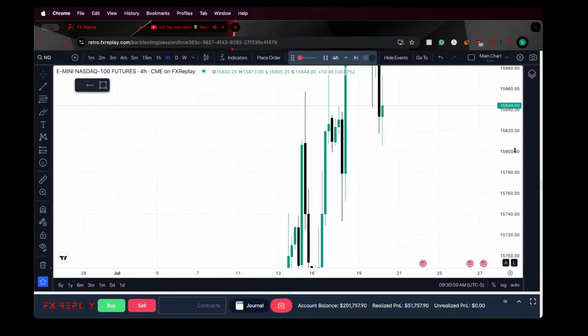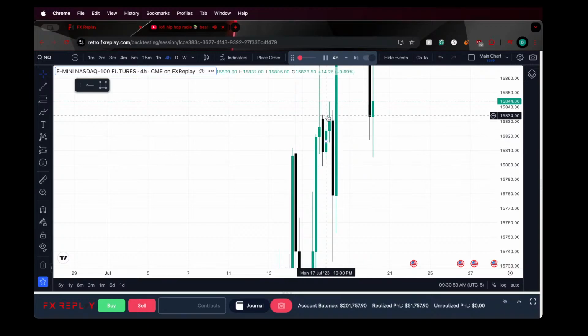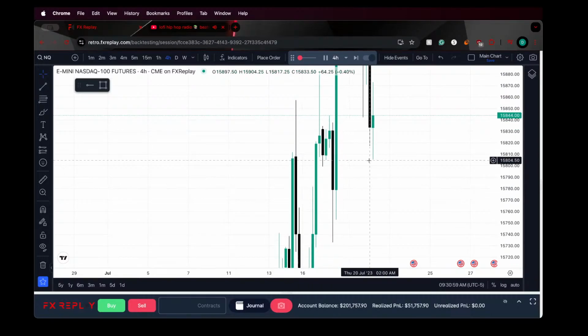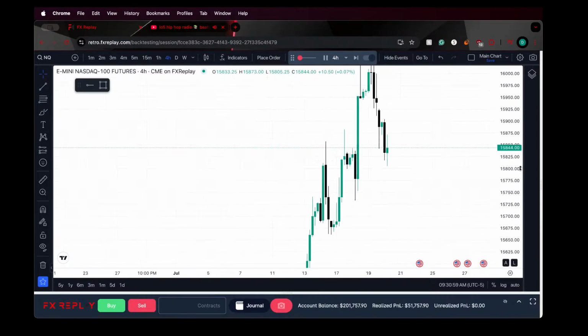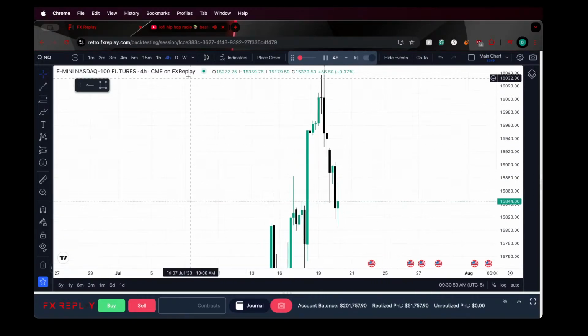So that's why when we got up here on a 4-hour basis and then we came down, some might have looked at that and said, oh, this is an order block, it might reject higher. But the reality is it's not an order block yet because it has not been closed above. If this 4-hour candle closed above and then this candle right here comes down and taps it, we might have seen that rejection there. But yeah, all right, let's move on.